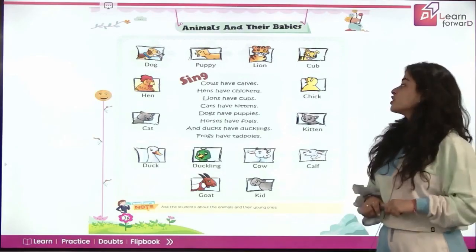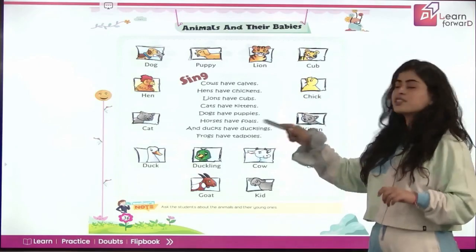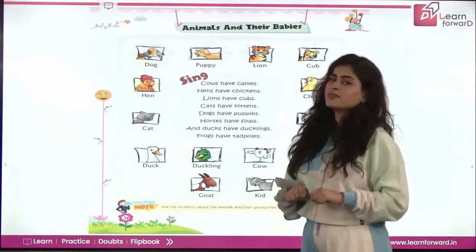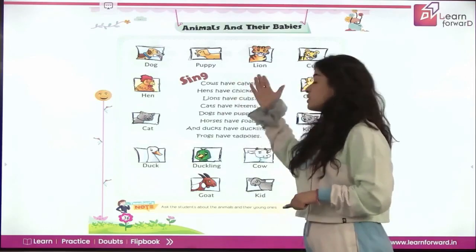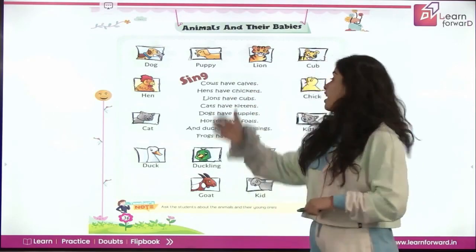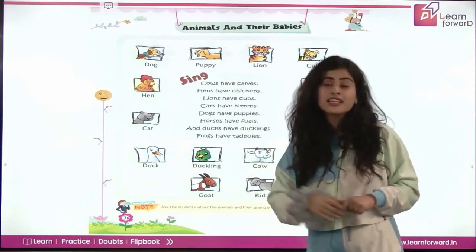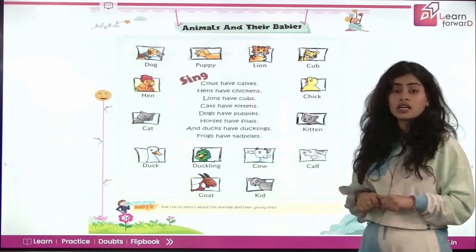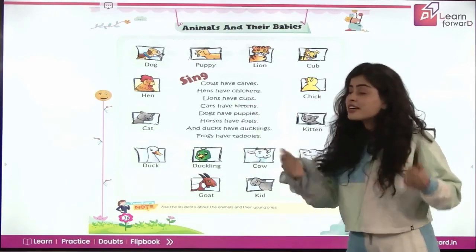So let's quickly sing this rhyme and you will all sing this after me. Okay, let's start. Cows have calves. Hens have chickens. Lions have cubs.